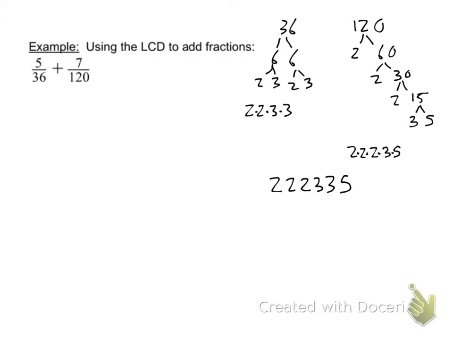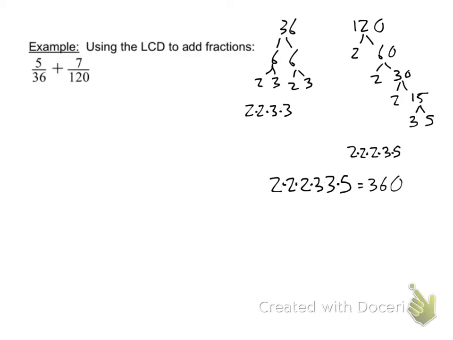Multiply all those back together. 2 times 2 times 2 times 3. 24 times 3. 72 times 5. 360? You guys are quicker than I am on that. So 360. Well, that's not too bad then.